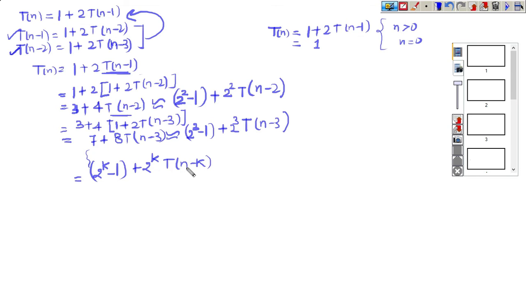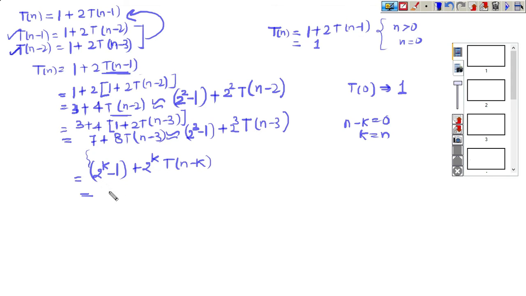The exit point will be when this term becomes 0, meaning when we reach t of 0, then only we'll stop and we'll get the value 1. So n minus k must be equal to 0 to reach the exit condition. So k will be equal to n, and then we will put the value of k equals n in this equation.